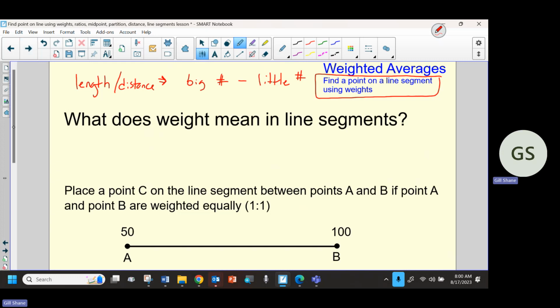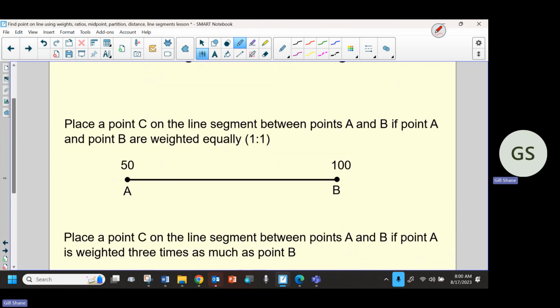So now be very detail oriented, because I'm giving you, especially if you're a process person, the shortcut version. You have the values on the line segment, the numbers, whatever you want to call them. You need to add in the weights of each point. The weights are whatever weight they give you.